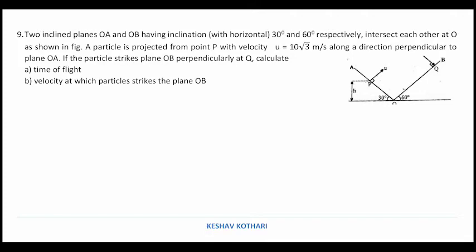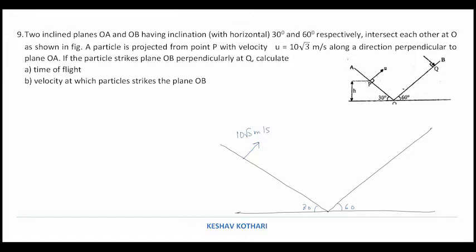So for this particular problem, we first of all draw the trajectory. Let me draw a bigger diagram so that we can mark various things. There are two inclined planes like this. One is 60 degree and the other is 30 degree, and the particle is projected with a velocity u somewhat like this at 10 root 3 meter per second.